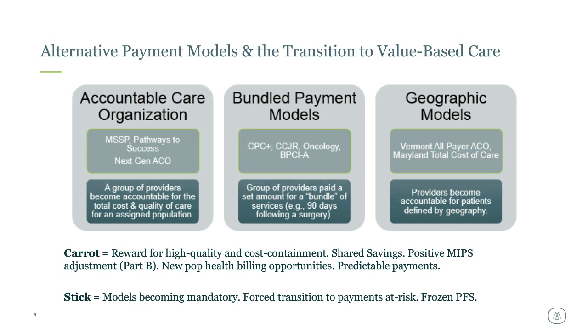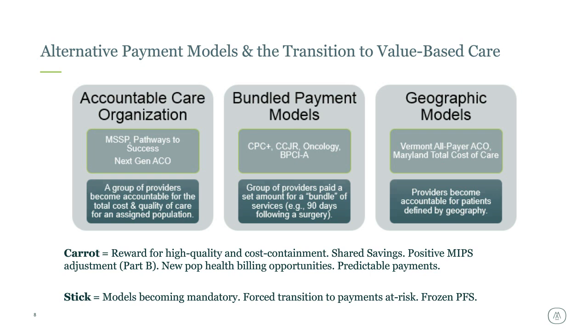in that defined geography. And of course, with all these programs, there are carrots, there are sticks, and we're seeing, as sort of early adopters probably received the most carrots. And as we go along over time, there's a transition toward reducing those carrots, increasing the sticks, making models that were voluntary into mandatory models, for example.